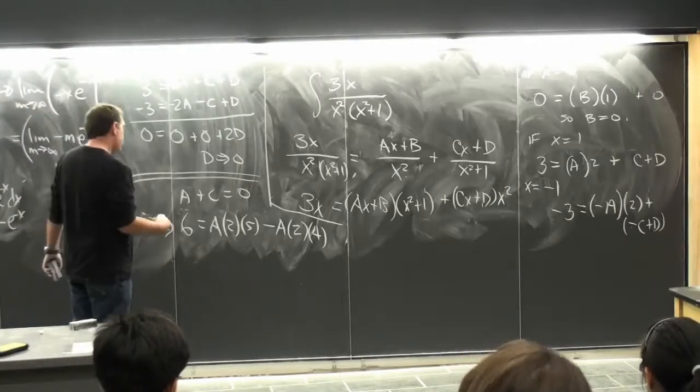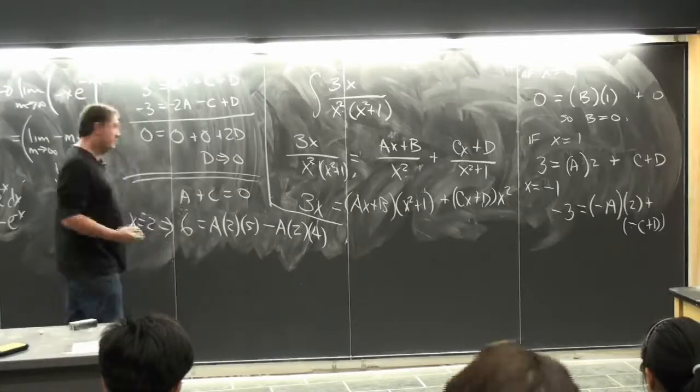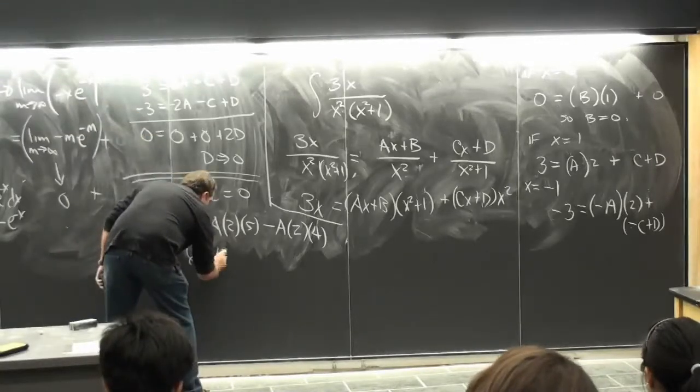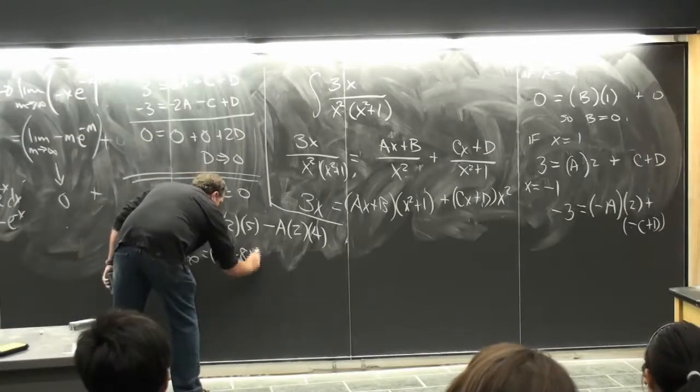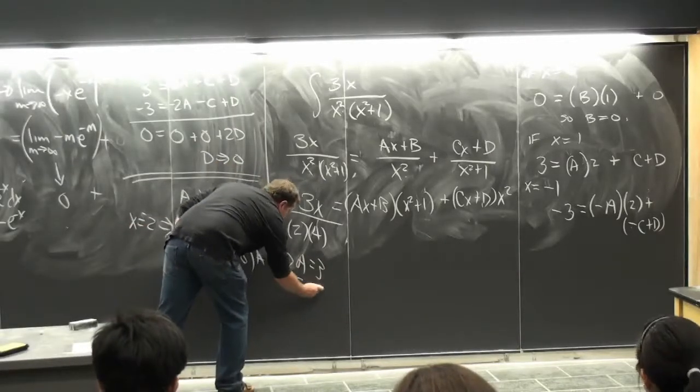So that means 10a minus 8a is 6. So a is 3. And c is negative 3.